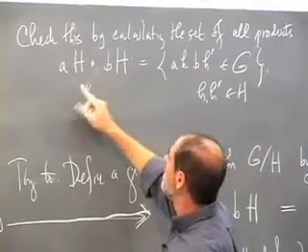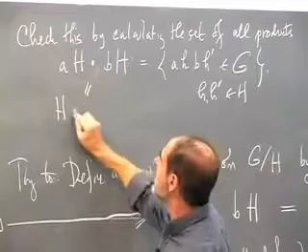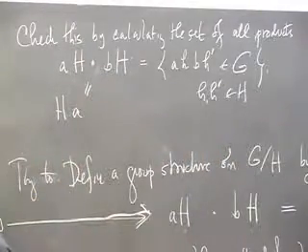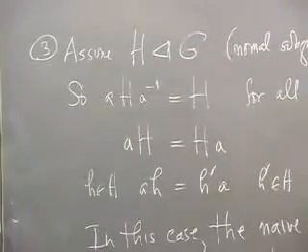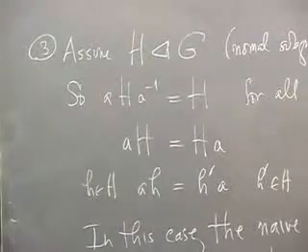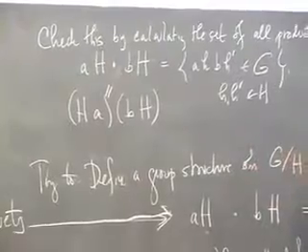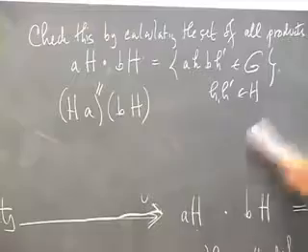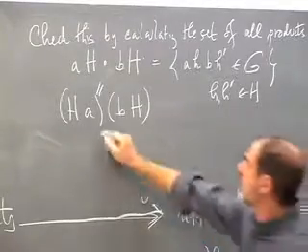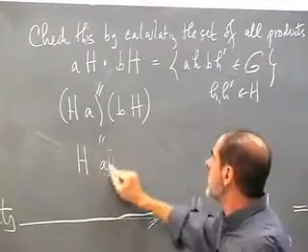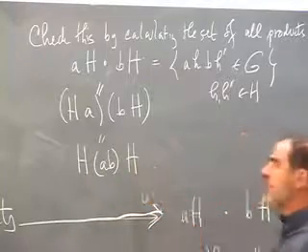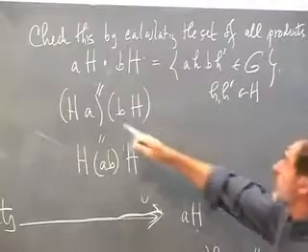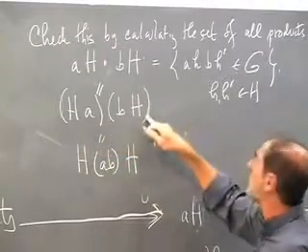Well, first of all, we rewrite this AH as HA because this set is the same as this set, right? Okay? Now I claim that that's the same set as H, A, B, H by associativity. I mean, this is the set of all things H, A, B, H prime.